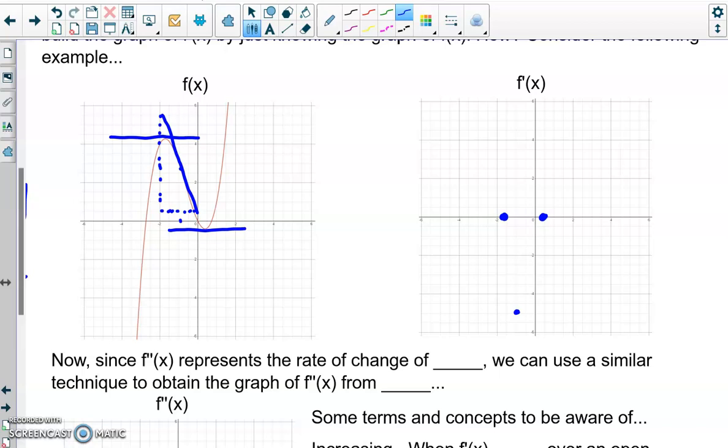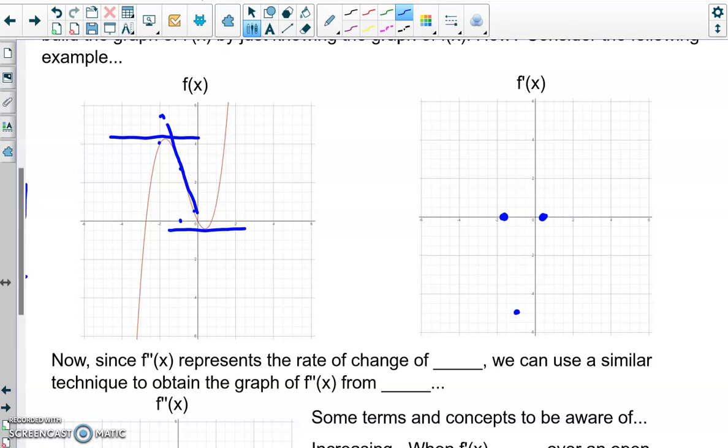So that's kind of the process that you're going to be going through here. It's not an exact science with these graphs. You can't be perfect with them necessarily unless you really get crazy, but you can get a rough idea of the slopes by counting boxes. And then at that point where you counted the slope, that's where you put the slope value on the y on your f prime.